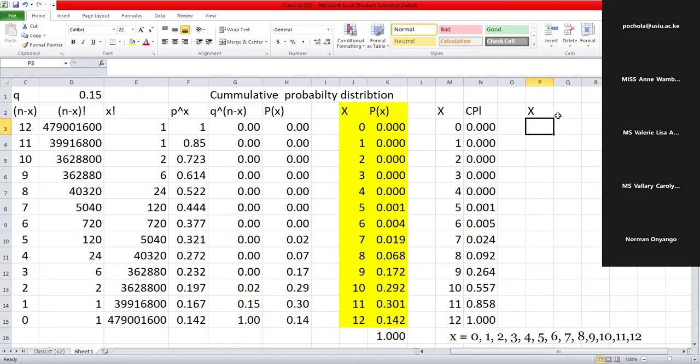And now I need the cumulative probability greater than. Let's call it CP greater than. That's at least, greater than or equal to. So again, I pick my values of X. Those are the ones I want there.